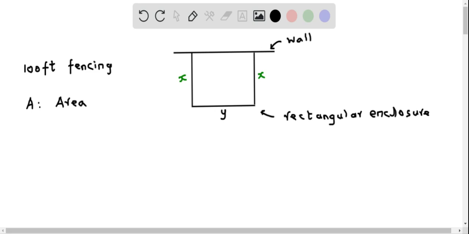So this is an optimization problem where we have to optimize the area with the constraint fencing. So basically we need two equations, one for the constraint and the other one is the optimization equation.